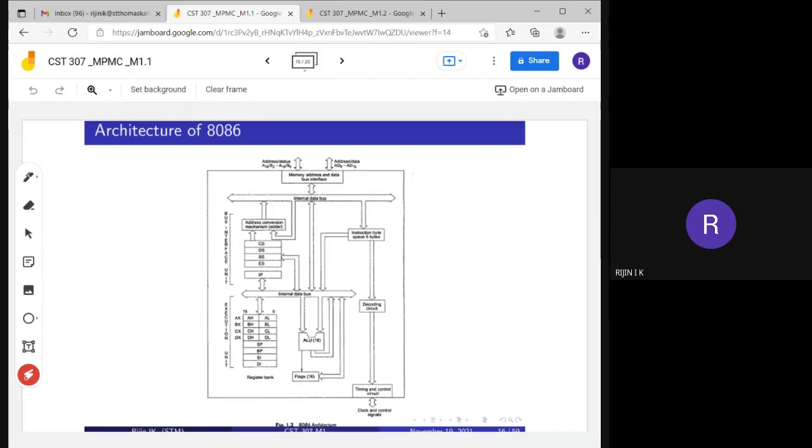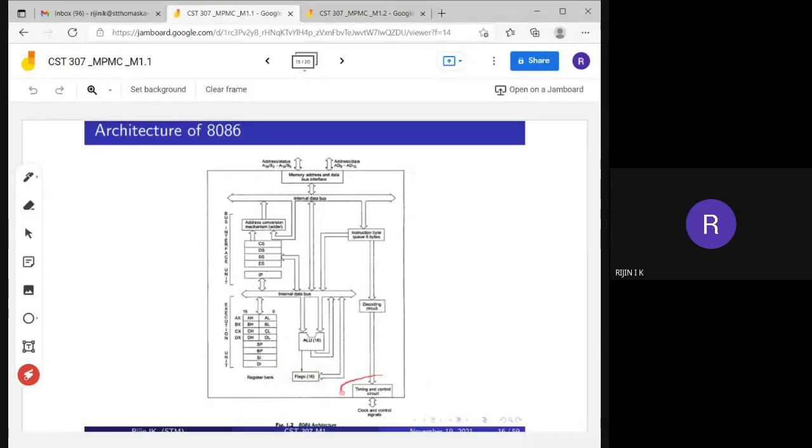One is the status or conditional flags, and the next is the control flags. So that is the 16-bit flag register.